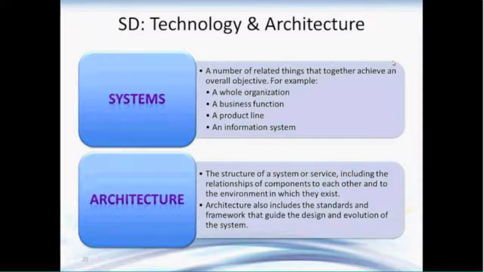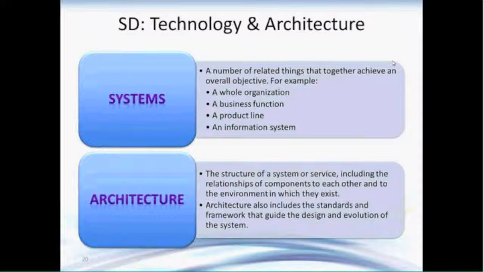That may be part of your overall system with a lot of components that go along with it. A business function might be a system, the whole organization. The architecture then is the structure that's behind that system or service, and the relationship.